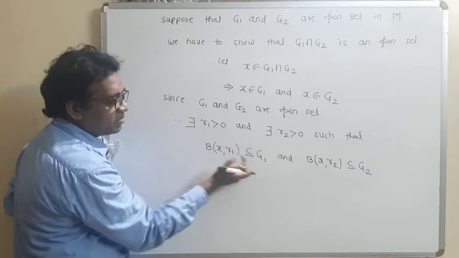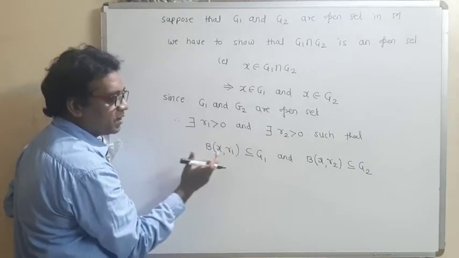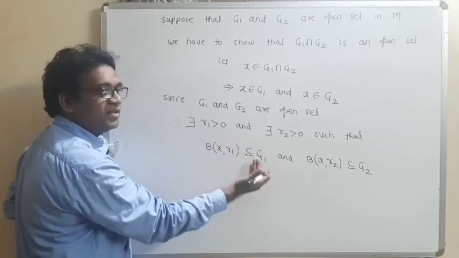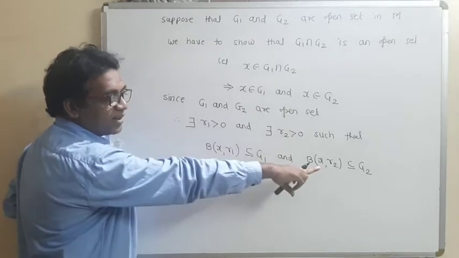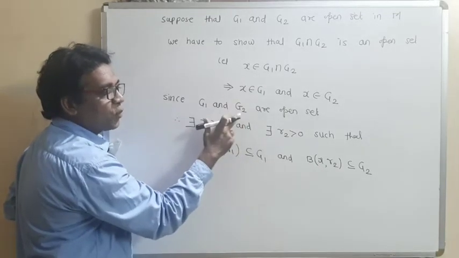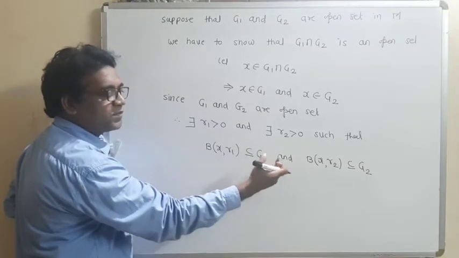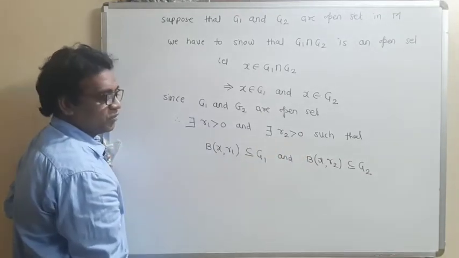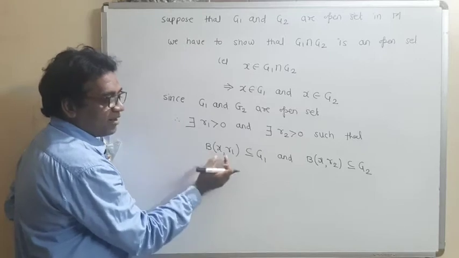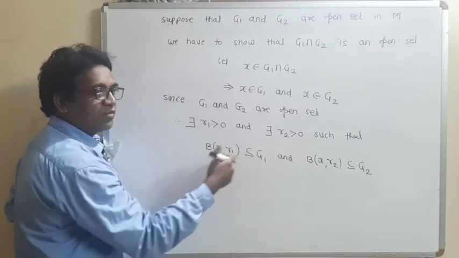G1 is open means we can find some open sphere B(X, R1) contained in G1. The second given condition: G2 is an open set, which means we can find some open ball contained in G2. So let us take the radius which is the minimum of R1 and R2.